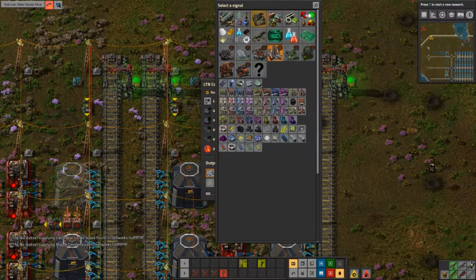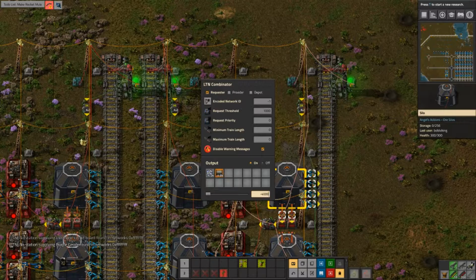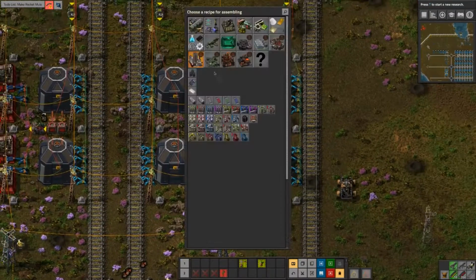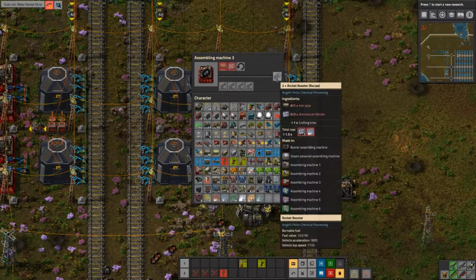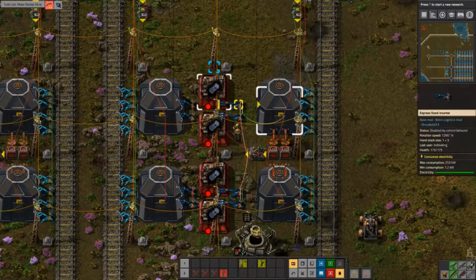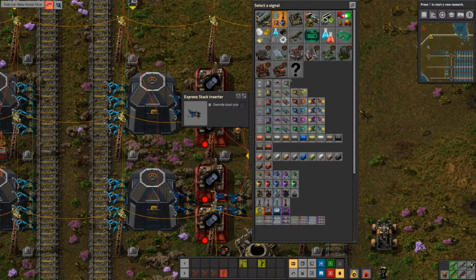4,000 ammonium nitrate. 4,000 iron pipe. Make rocket fuel. Well, not rocket fuel, rocket booster. And then we have to set this up at any given time.